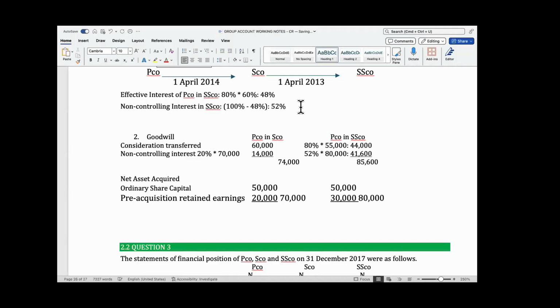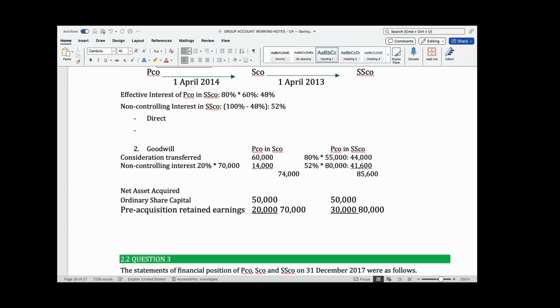Yeah, Tony, you're correct, because when I taught you last week, NCI has both direct and indirect holding in SSCO. The direct is the remaining 40%, while the indirect is 20% times 60%, which is 12%.